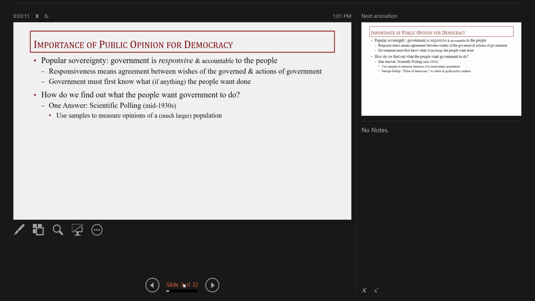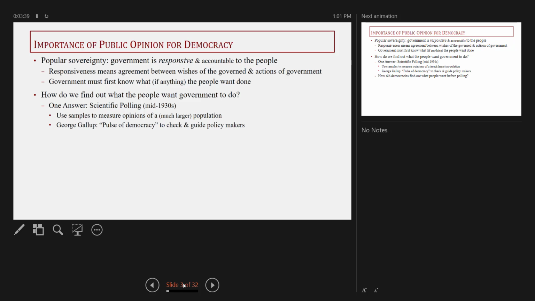The idea is that we take a relatively small and manageable sample and measure opinions or other characteristics in that sample. Then, based on what we find in that sample, we infer that what exists out in a much larger population is the same or very close to what we found in the sample.